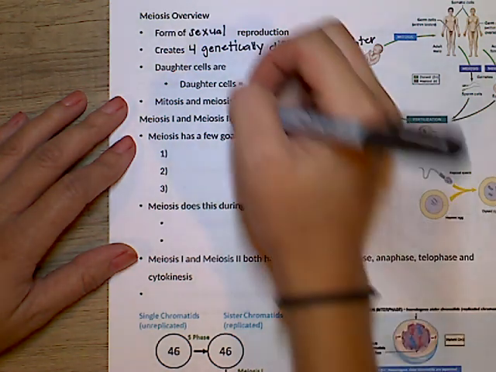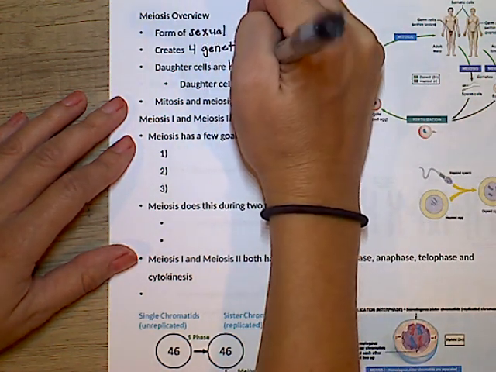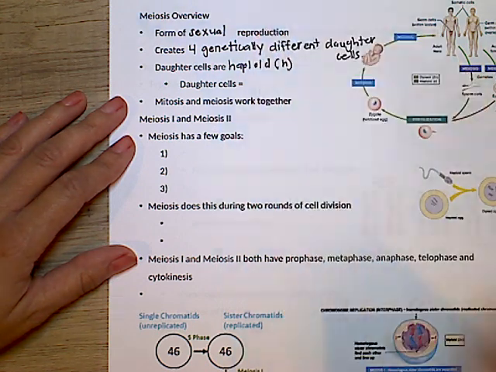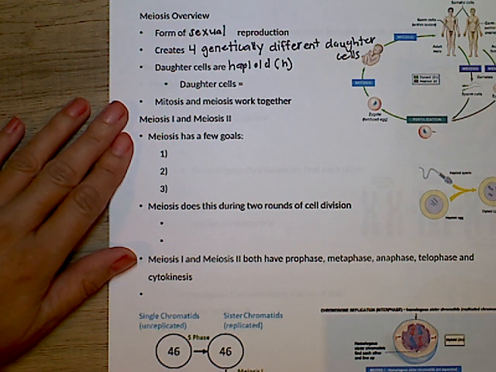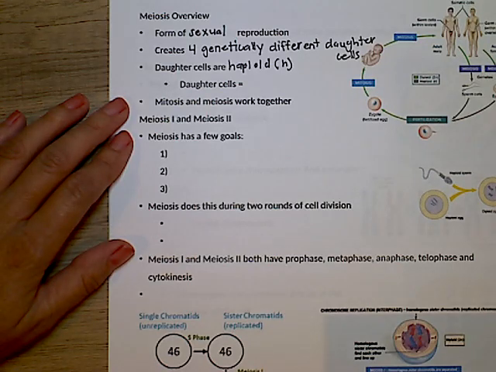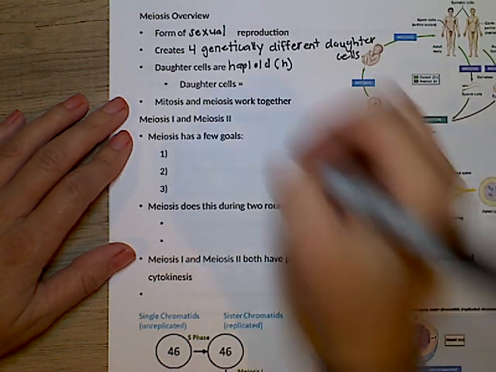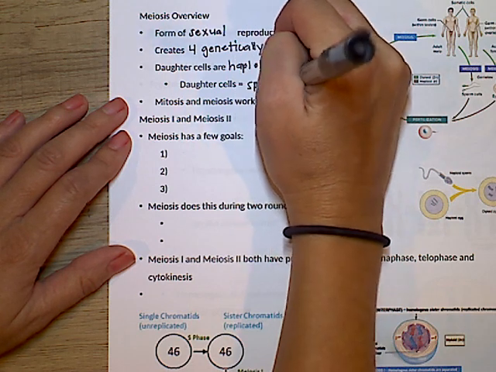Those daughter cells are haploid, which is just 1N as opposed to mitosis, which was 2N. So it has half the amount of chromosomes that mitosis has. And these daughter cells are sperm and eggs.